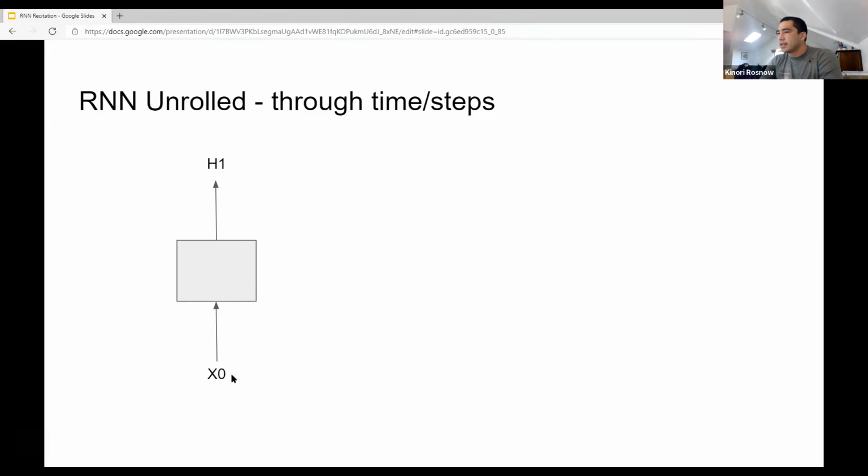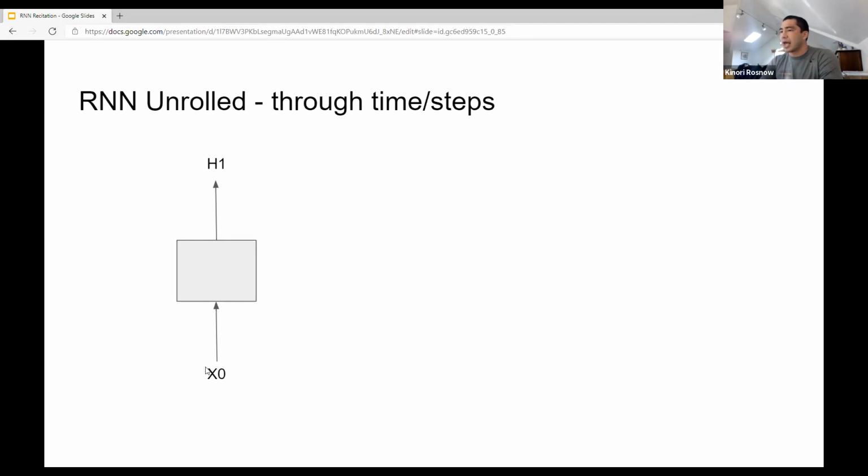The reason I did a 0 here and a 1 for the H1 is because certain problems will have, say, a start of sentence tag if you're trying to generate sentences, for example, and you would never generate that start of sentence tag. You would only be generating the first word. I wanted to point out that sometimes there's an initial input for that, and this is just how I'm denoting it.